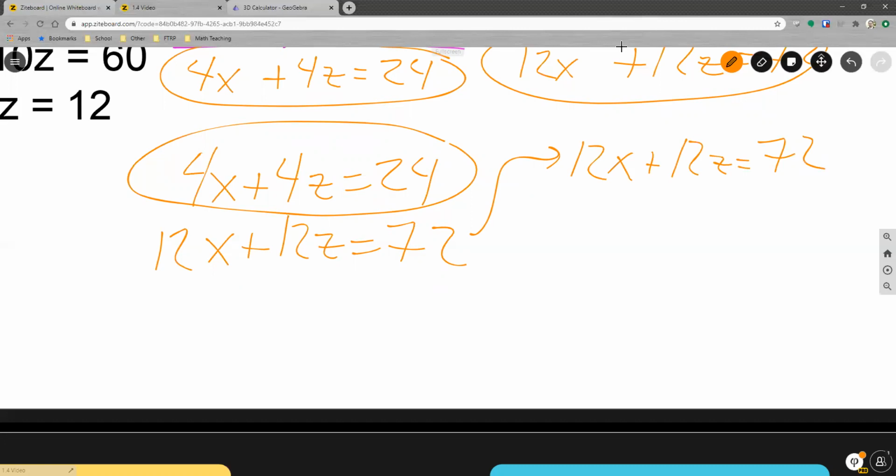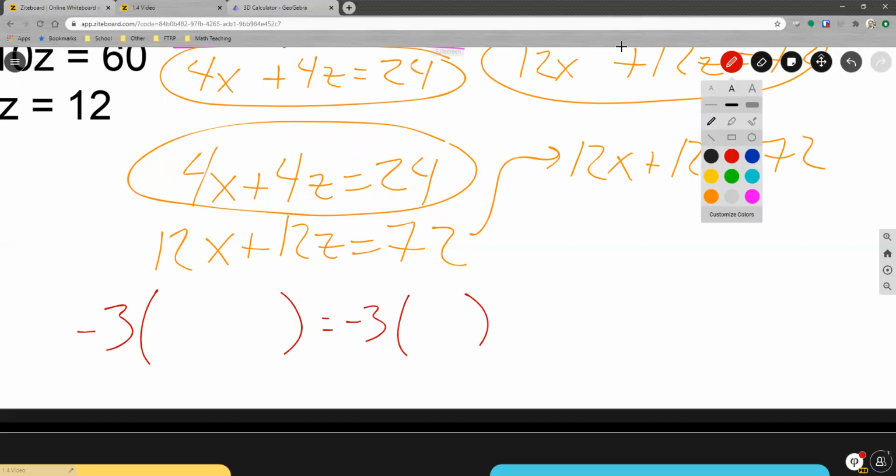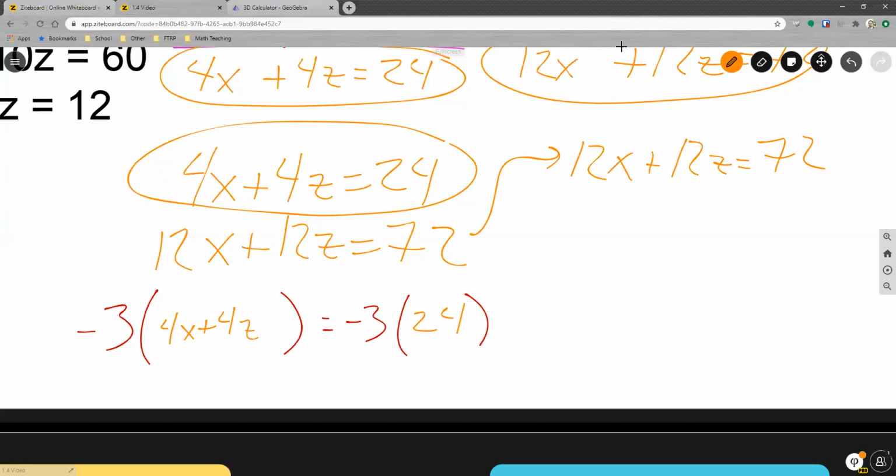My goal is to get a negative 12. So what I'm going to do is multiply by negative 3 on both sides of the equation, 4x plus 4z and 24. Well, you'll see when we multiply this all together, we get negative 12x minus 12z equals negative 72.